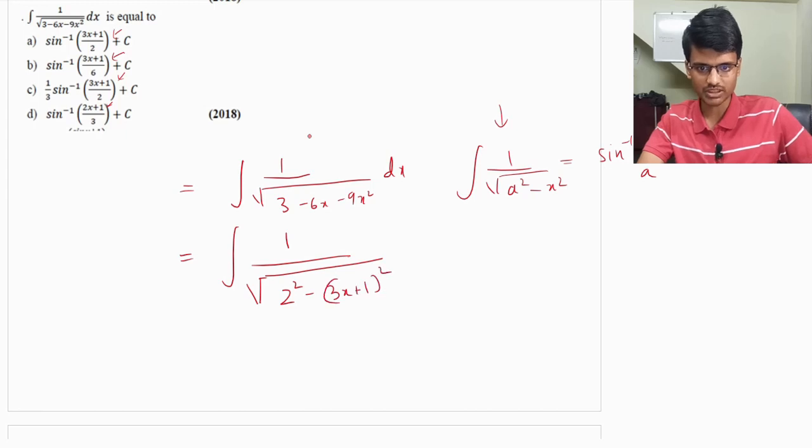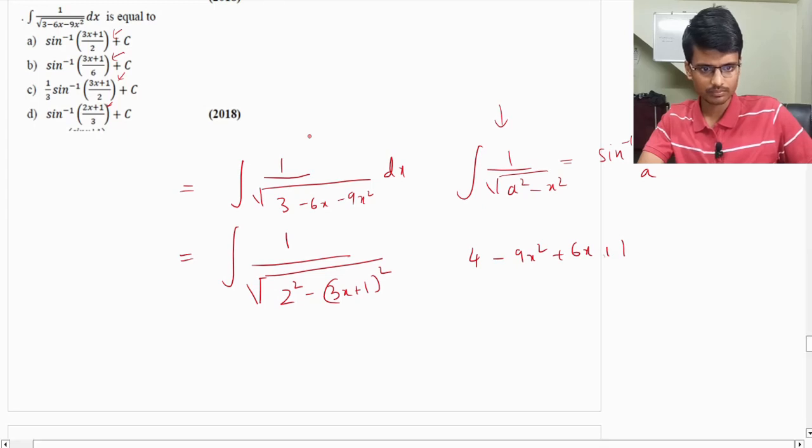Let me just check, will this work? 4 minus 9x square plus 6x plus 1, right? No, no, minus 1, minus 1. This is minus 1. This will give me 3 minus 9x square plus 6x.